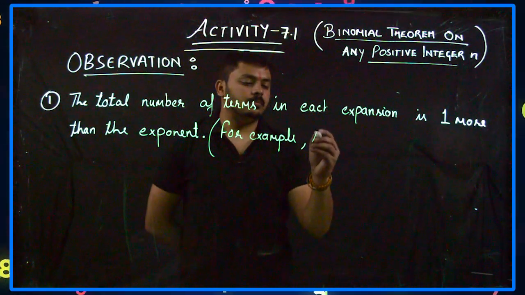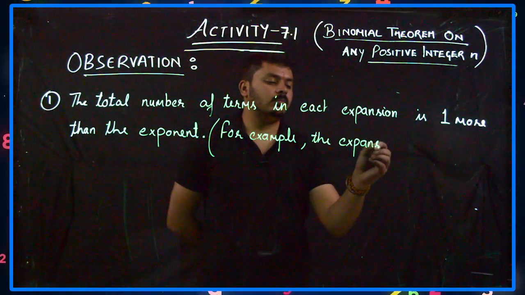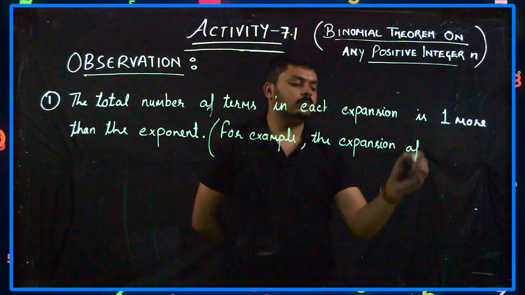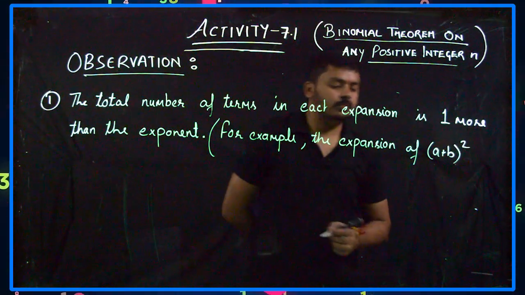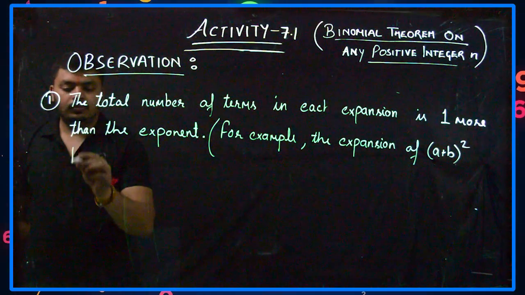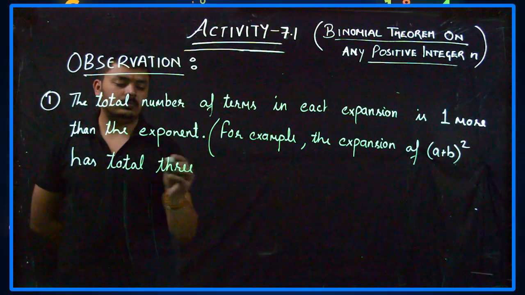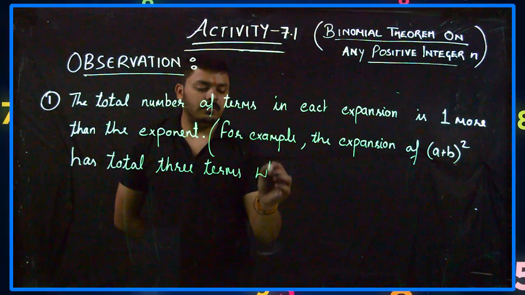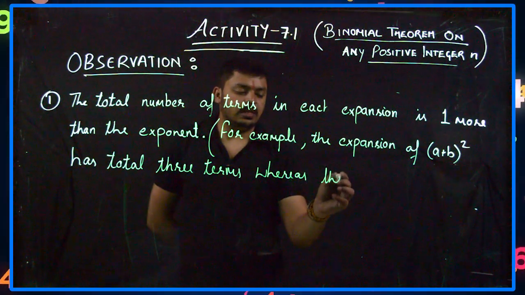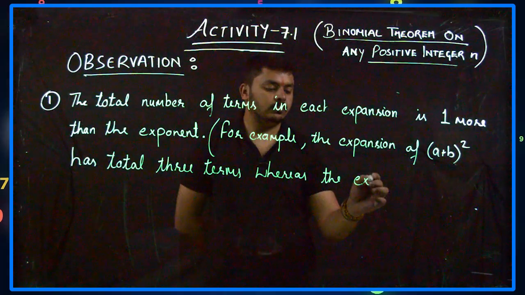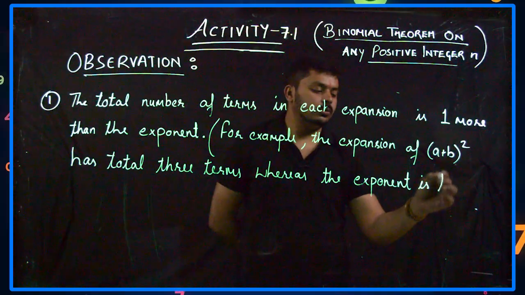For example, the expansion of a plus b to the power 2 has total 3 terms, whereas the exponent is 2.